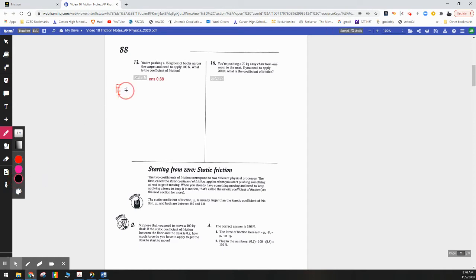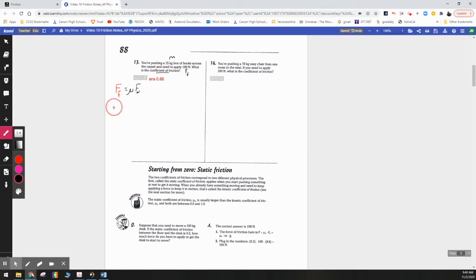It's going to equal mu times the normal force, like so. You're pushing a 15 kilogram box, so that's the mass here, and you need to apply 100 newtons, so that's the force of friction that you have to overcome.